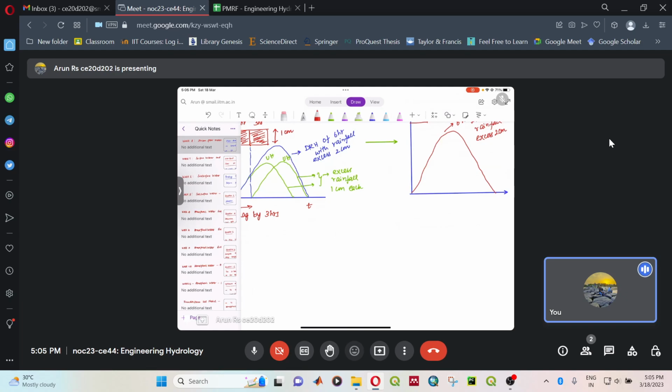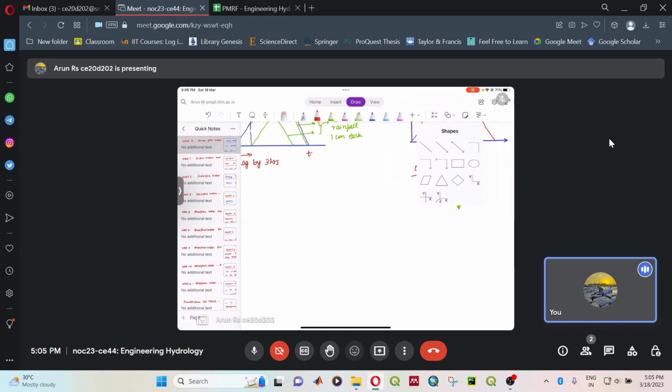Now we need to convert this into a 6-hour unit hydrograph. For that, we will divide this DRH by the 2 centimeters. So here we will divide the DRH ordinates by 2.